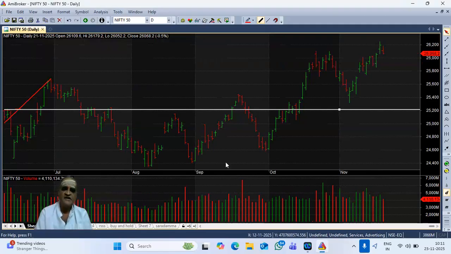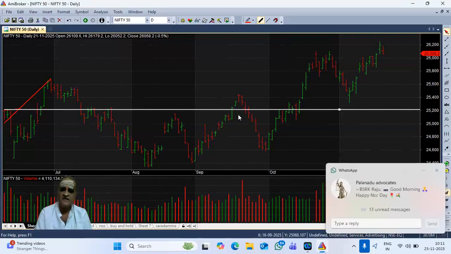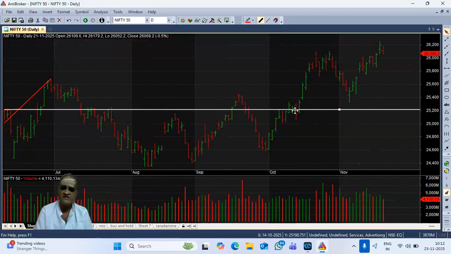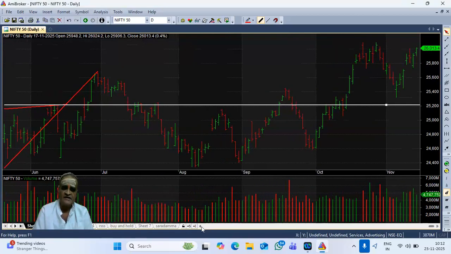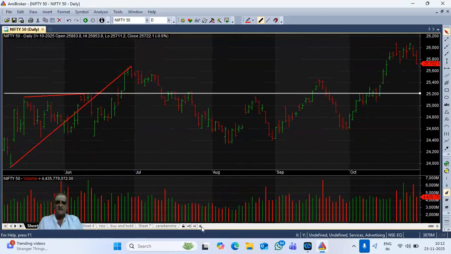Here you can see at this area, this line actually acted as a resistance level, and after crossing, again this level also did not hold good for some time, and it was retested, and after crossing this line it went up. So instead of doing things in a traditional way, let us make an attempt so that it will be of help to us.